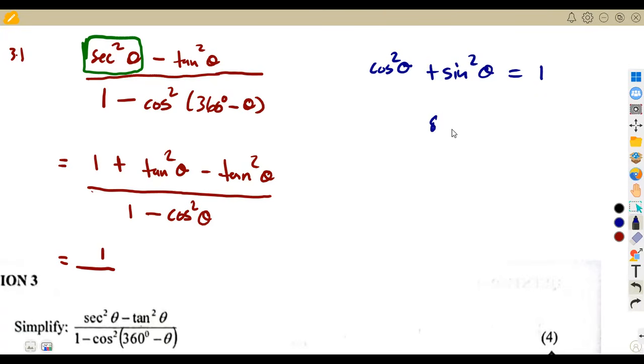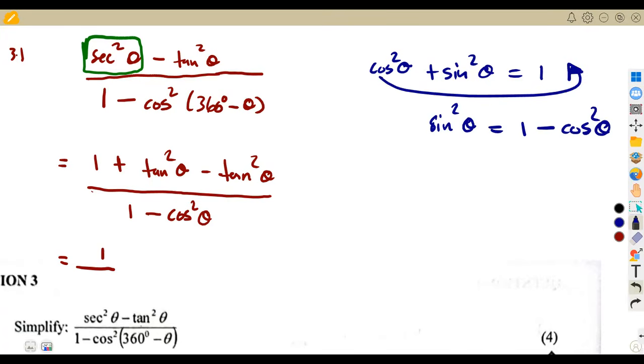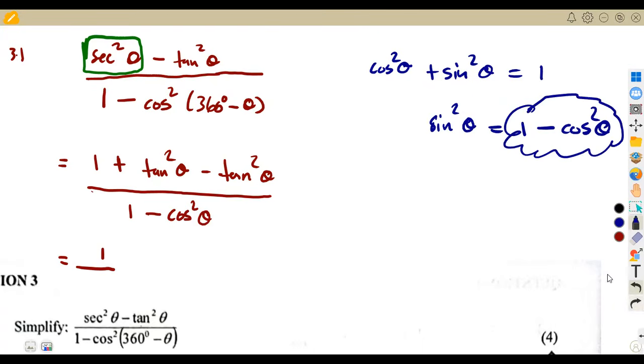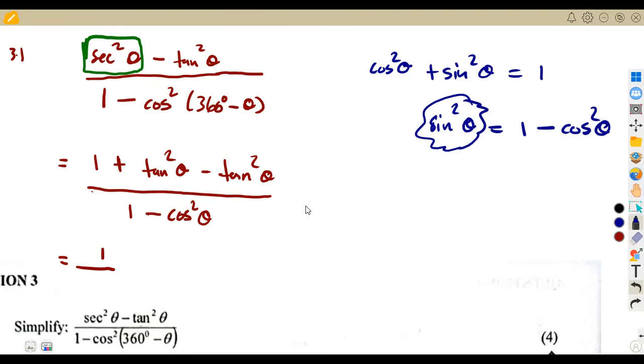So sine squared theta is equal to 1 minus cos squared theta. We are just transposing the cos squared theta this side, and it becomes a negative. So wherever we see 1 minus cos squared theta, we have the same thing as sine squared theta. So we substitute it as sine squared theta.